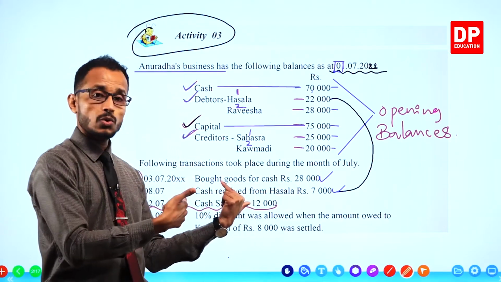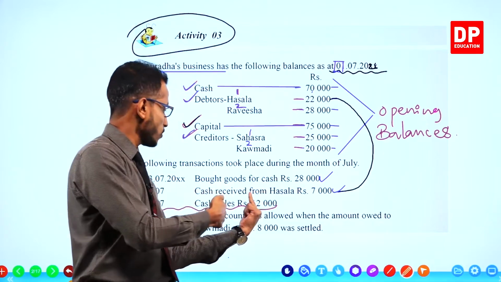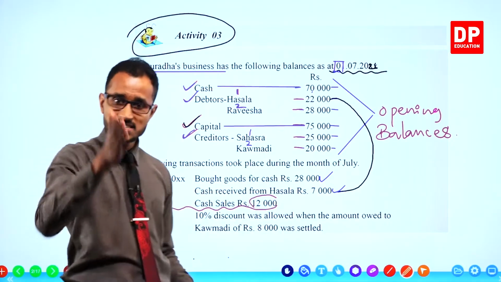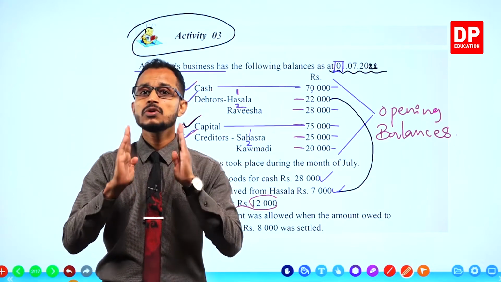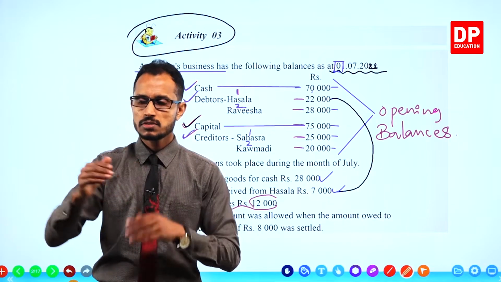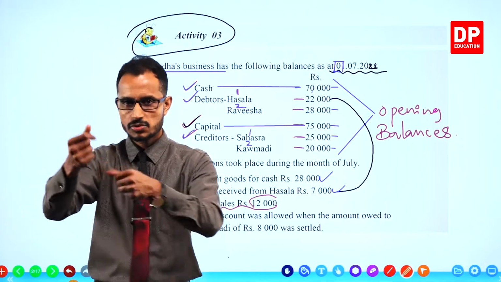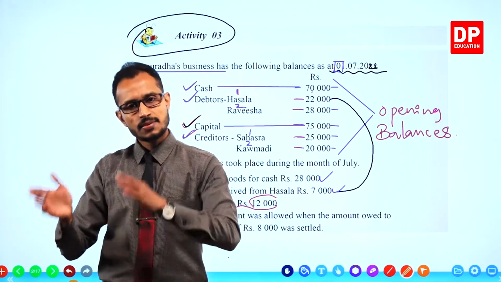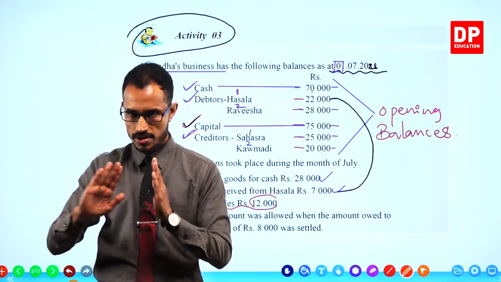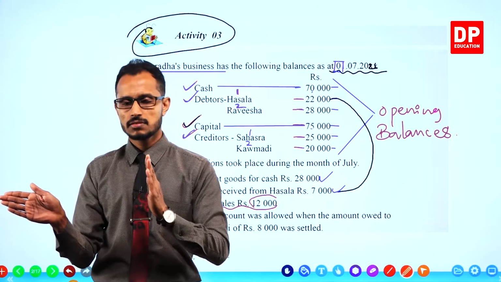Okay. So we have got 12,000 cash increase. That means cash book debit. We have got 12,000 by selling goods. 12,000 coming into the business. So cash increasing. That means cash book should be what? Debit.